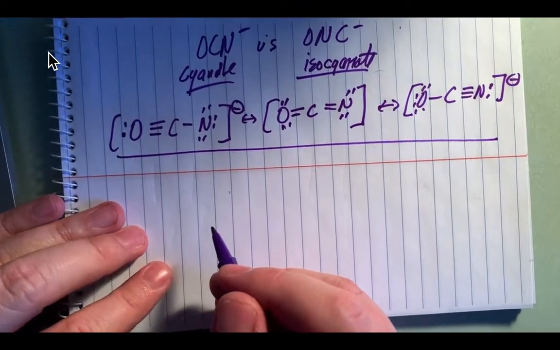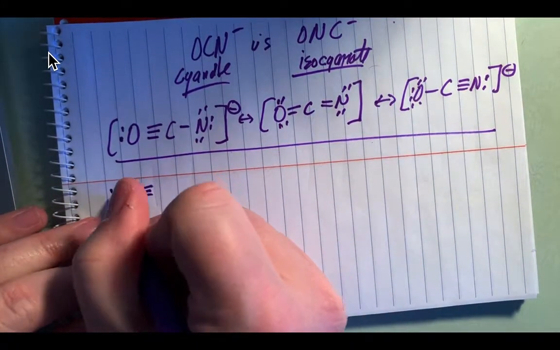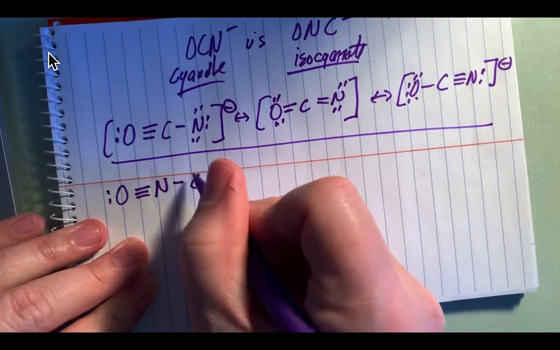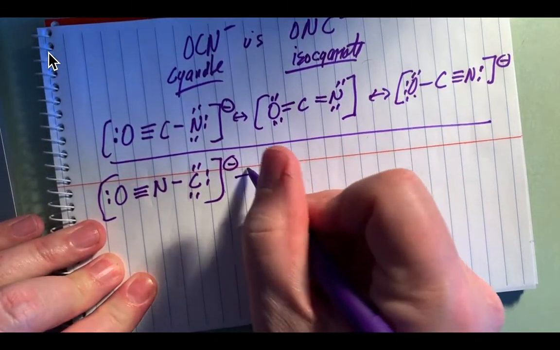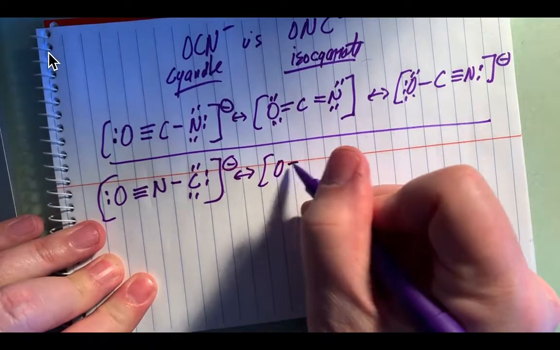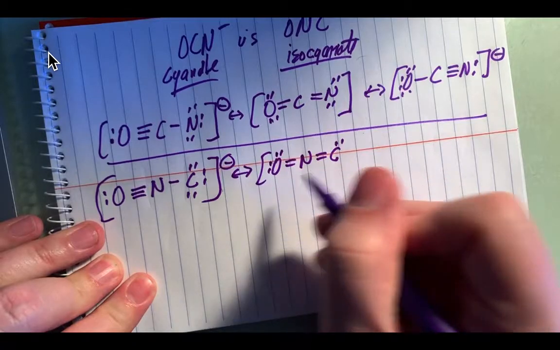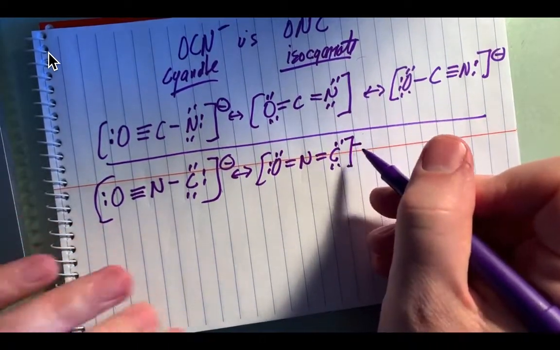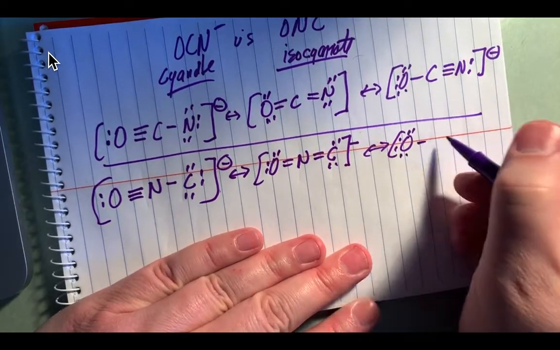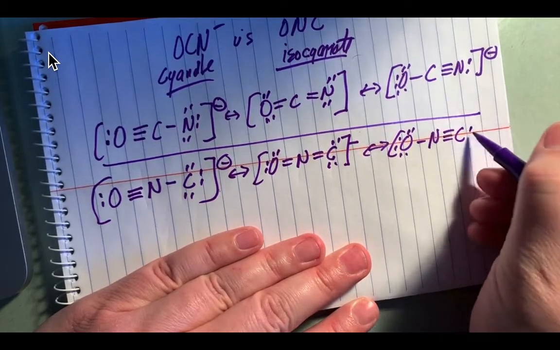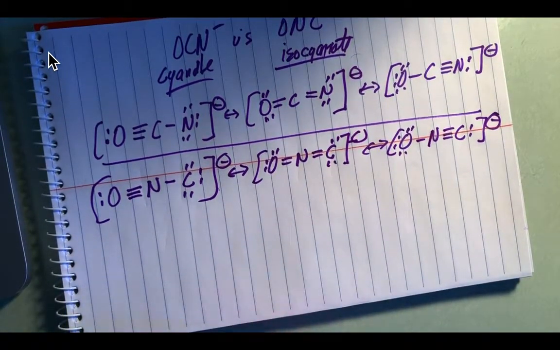Well, let's see what Lewis structures we could draw for a central nitrogen. Let's just follow the same pattern. O triple bond N single bond C. O double bond N double bond C. And O single bond N triple bond C. Again, all of those have a minus charge on them.